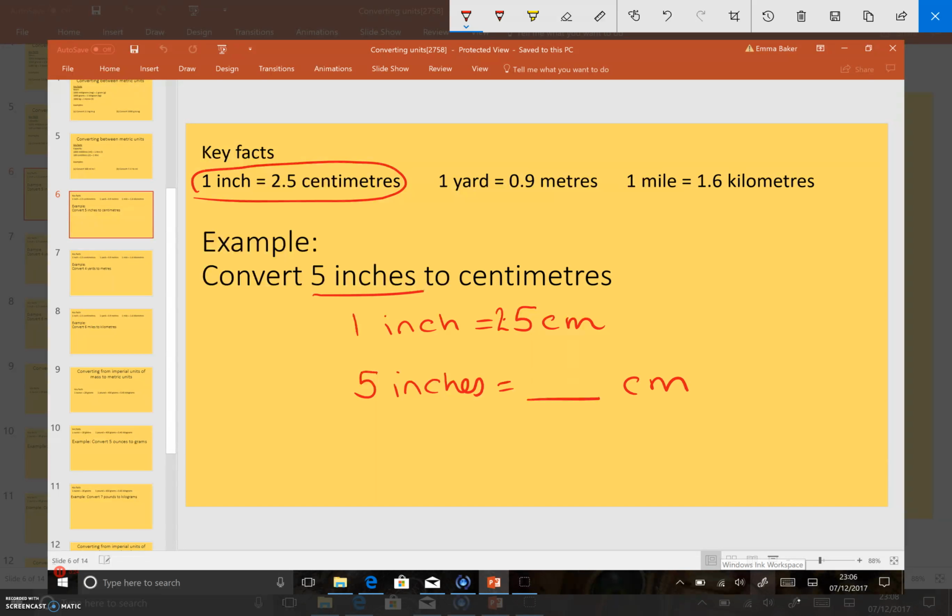So I compare the two. Now, what is it that I'm doing to 1 to get to 5? I'm multiplying by 5. So I've got to multiply by 5 here as well, so everything's all equal.